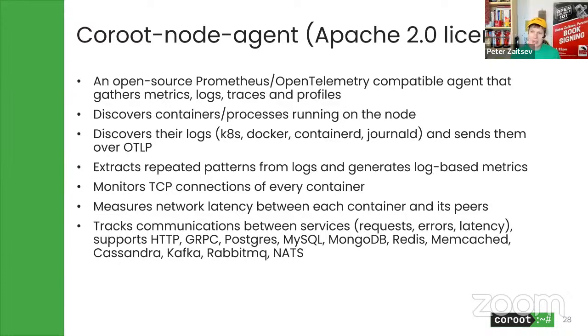If you look at Coroot, we have the Coroot node agent, which is open source, Apache 2.0 licensed software, which does a lot of capturing of the metrics for the node. And it does a lot of magic using both eBPF and some other things. For example, it discovers process containers running on the nodes. It also discovers their logs, and for that it can look at what is provided with containerd and journald, as well as when you open files in /var/log.